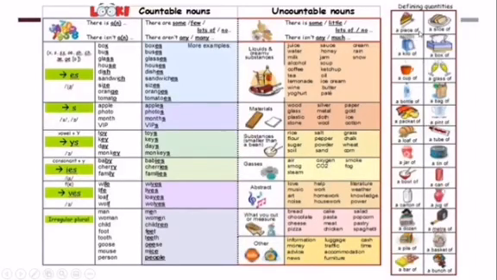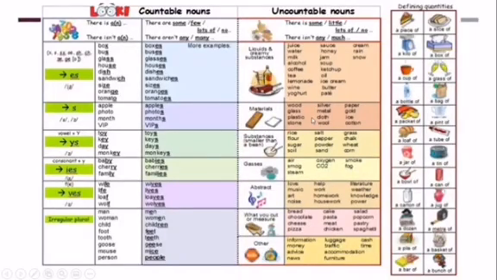We can say a piece of bread. But we cannot say one, two, three. It is always uncountable because we cannot add s or es to those words that are here.